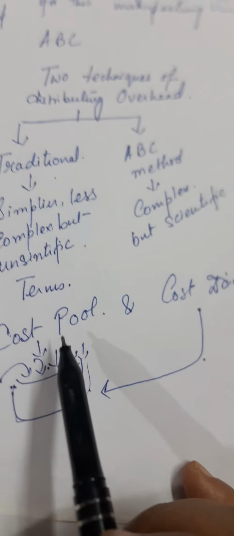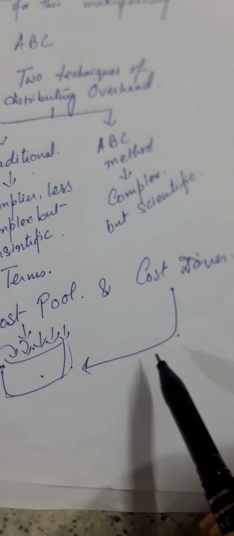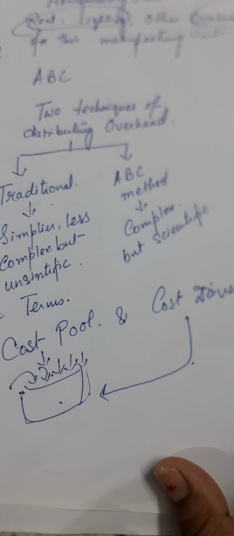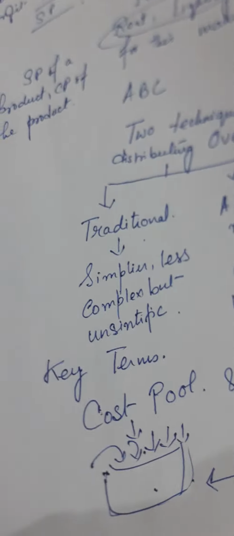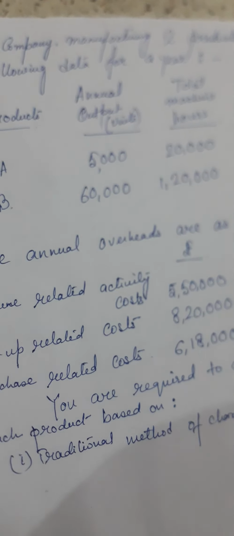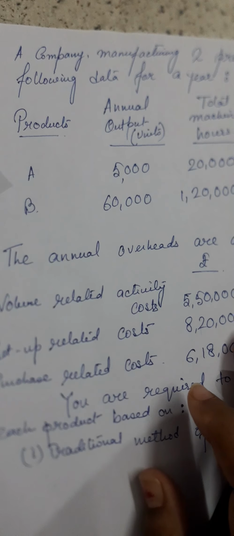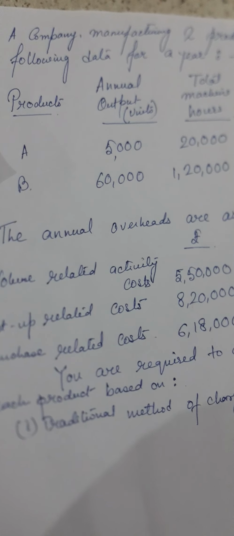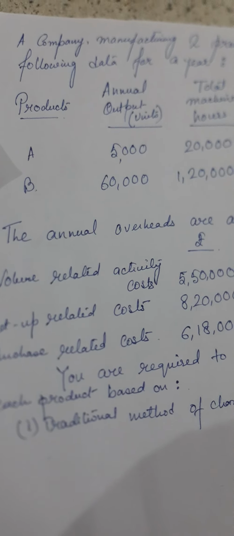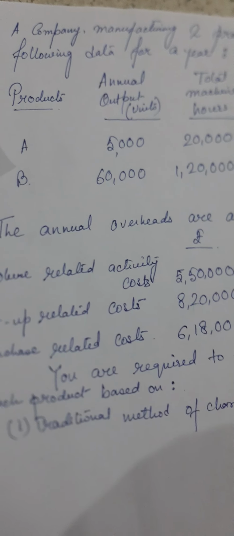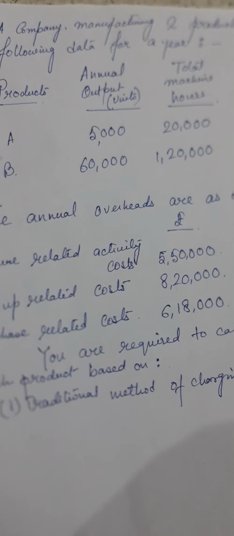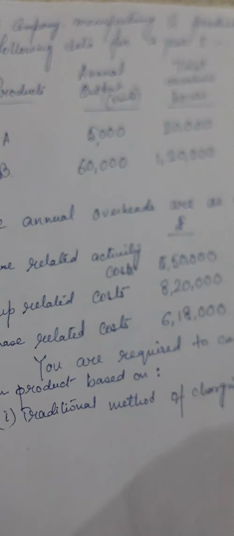When we solve a sum, it will be easier for you to understand. Now let us start with this sum. In ABC costing, the two important items you need to understand are which are my cost pools and which are my cost drivers.